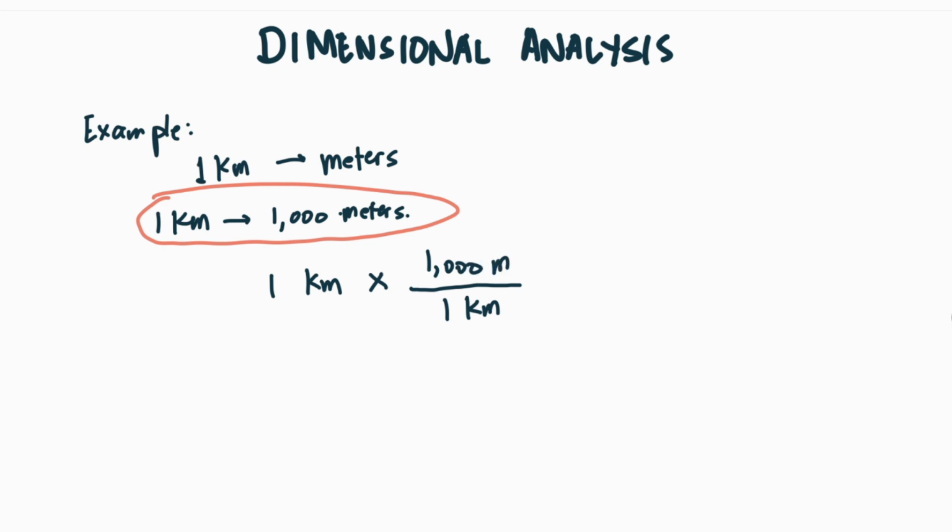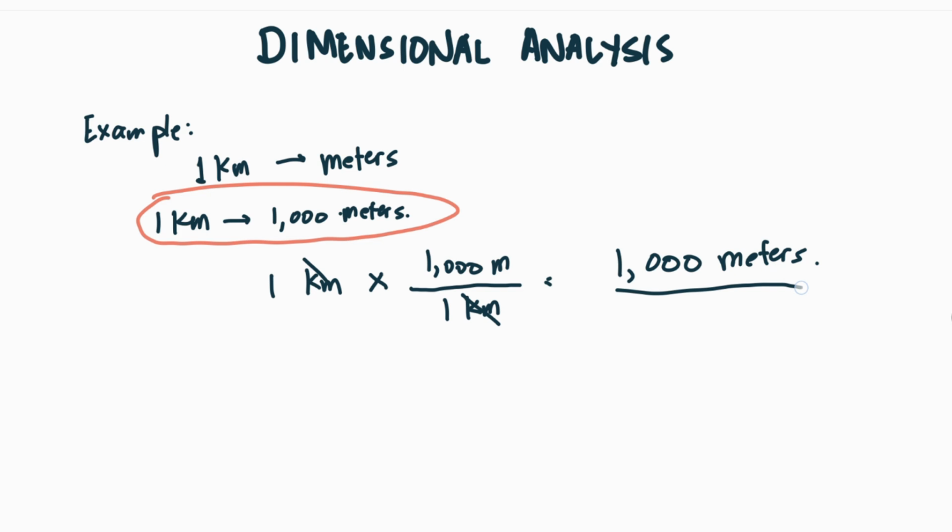So in this way, I would be able to cancel the kilometers unit. So that would be canceled. That would mean that in order to convert 1 kilometer to 1,000 meters, I would need to multiply 1 kilometer by 1,000. And that would give us an answer of 1,000 meters.